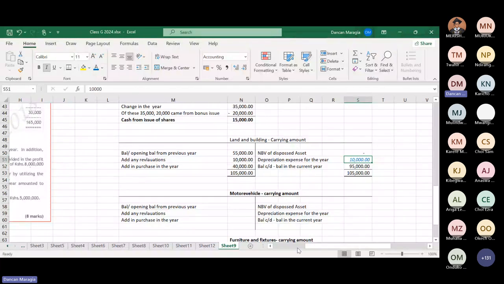Any question there? Probably I went fast. Mwalimu, just to put it across: there is usually no devaluation of land. What happens is depreciation, if there is any.